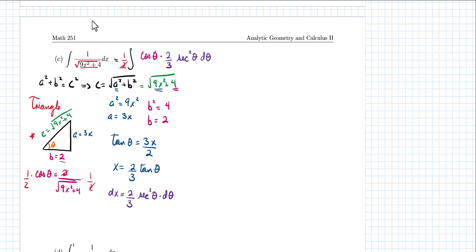Okay, so let's see, what can we simplify for this one? Well, I think we can cancel out the 2's here, but I also see a cosine times a secant squared. Now remember, secant squared is the same thing as 1 over a cosine squared. Now a cosine times 1 over a cosine squared, we are going to be able to cancel one of the cosines, so we're going to be left with 1/3, I'm factoring the constant out, 1/3 of a 1 over cosine.